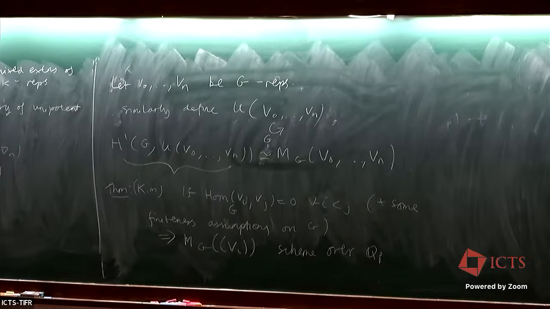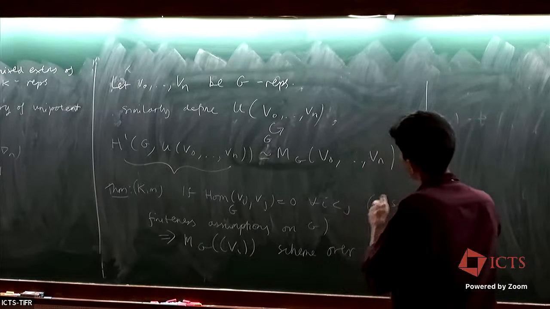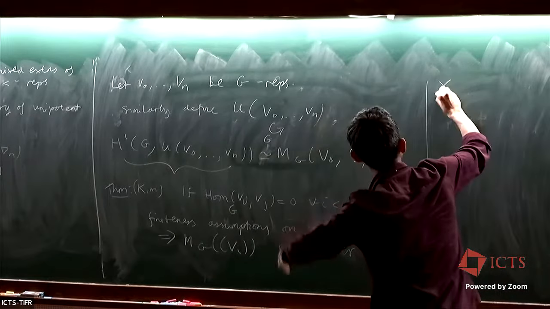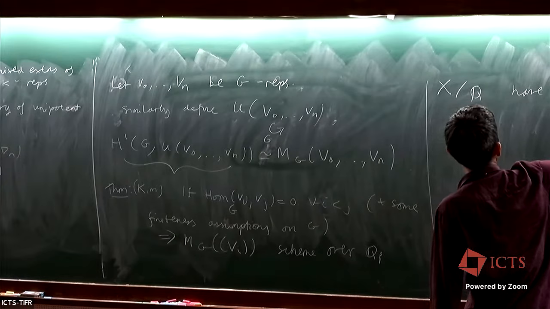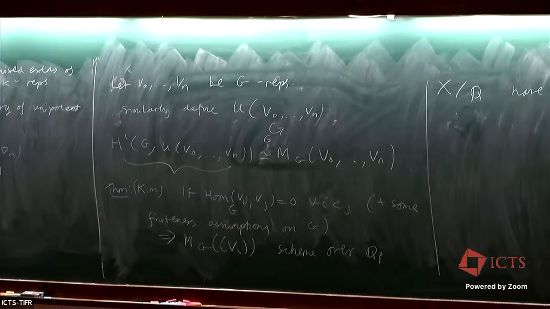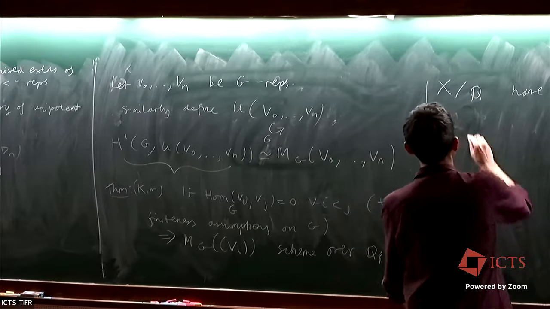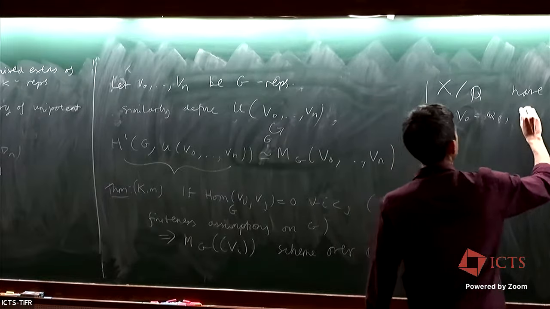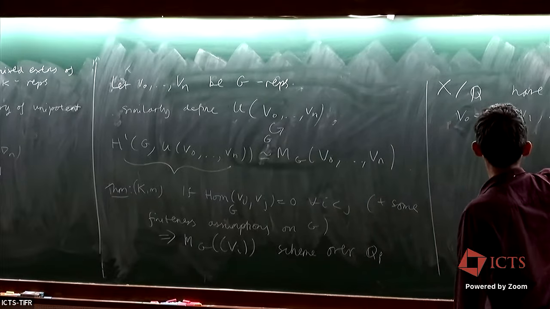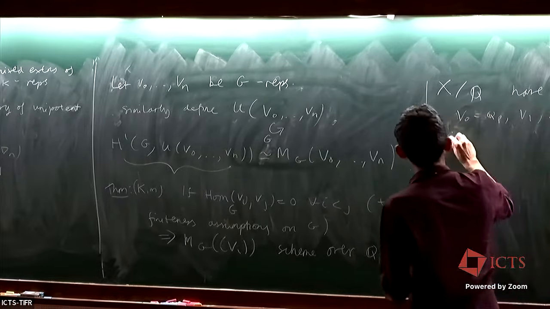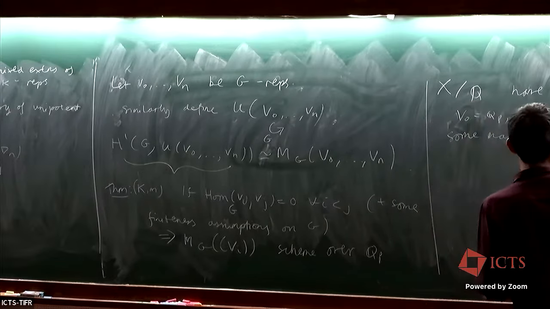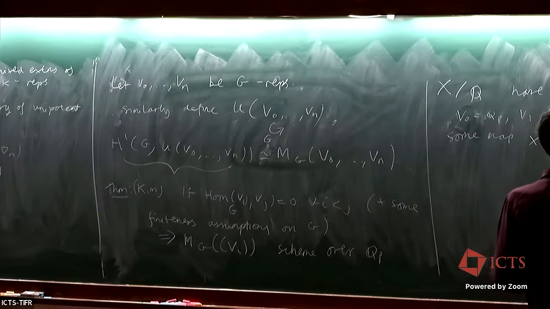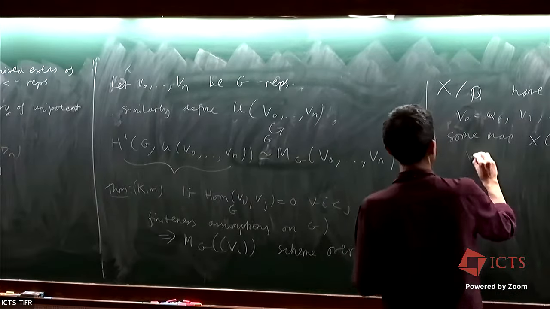So returning to a case of a projective curve X over Q, we have some crystalline G_Q representations V_0, ..., V_n, and some map from X(Q) to mixed extensions.